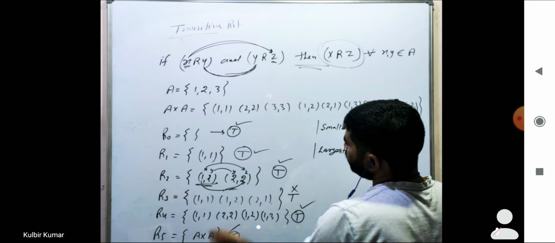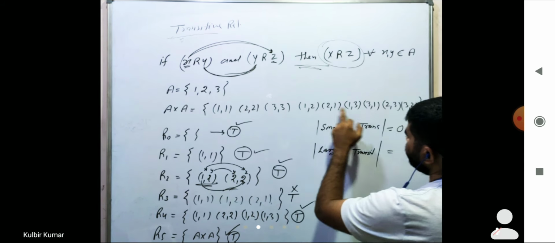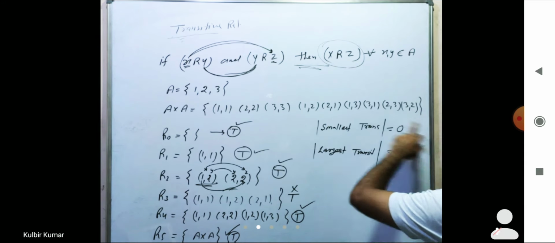A cross A में कितने ordered pair होंगे? 1 2 3 4 5 6 7 8 and 9. Why is it 9?